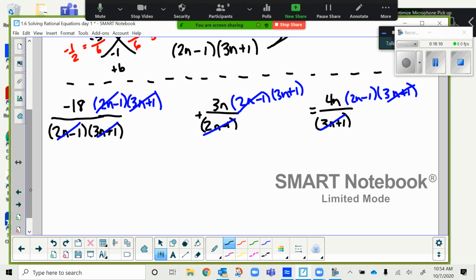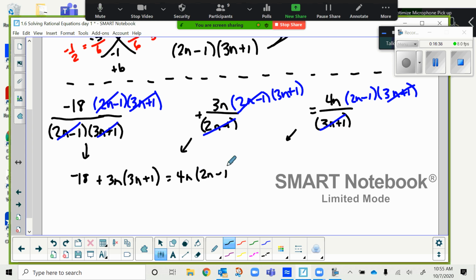That's the least common denominator. And so here's what's left over when you take off everything that was canceled. On this first fraction, I have a negative 18 left. On the second term, I have plus 3n times 3n plus 1. And on the right side, I have 4n times 2n minus 1.